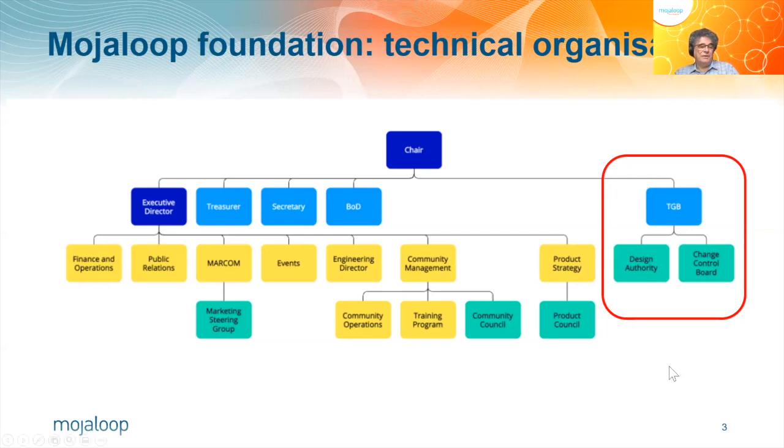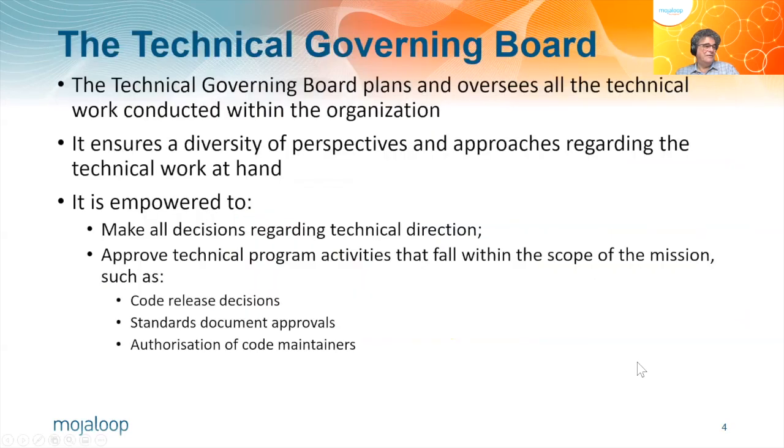So I want to start off by just talking a little bit about how those three entities fit together in the Mojaloop Foundation. So the Technical Governing Board basically is the technical oversight body for all of the technical work that is conducted within the organisation. It actively canvasses a diversity of perspectives and approaches about the technical work at hand. It looks at the possible ways of doing things and makes recommendations.